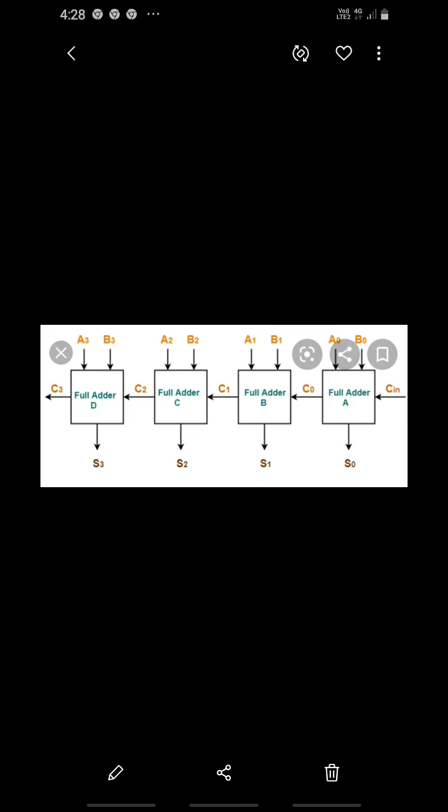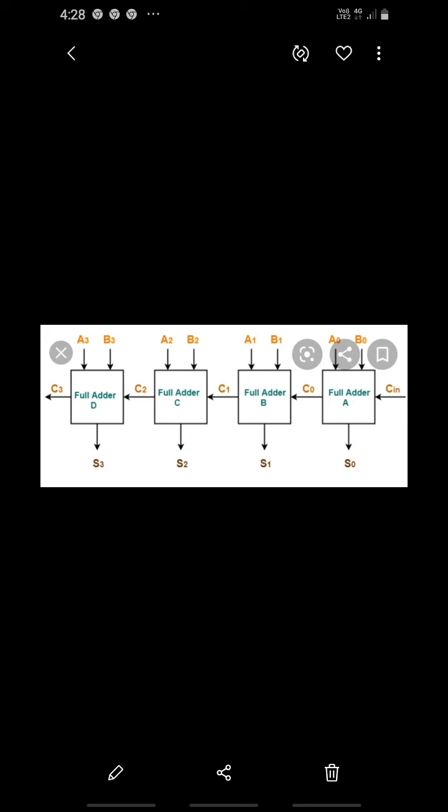A0, A1, A2, A3 is equal to 1, 0, 1, 0. And here B0, B1, B2, B3 is equal to 1, 1, 0, 1.